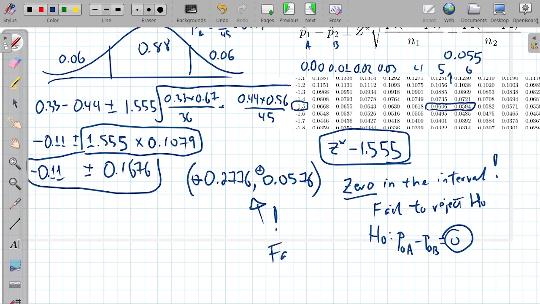This has to be interpreted as a fail to reject. Recall that when we talk about confidence intervals, the values between the lower bound and the upper bound are equally plausible as the true value of the unknown parameter. And the unknown parameter that we're concerned with here is the difference between P null A and P null B. So no significant difference is our conclusion.